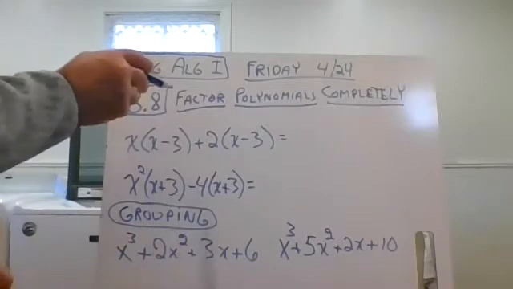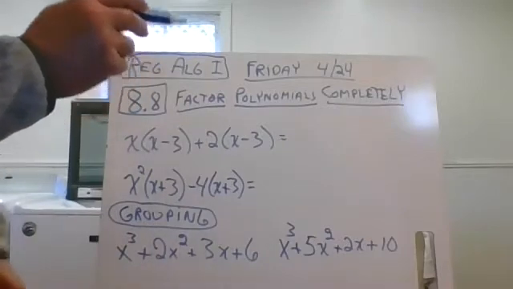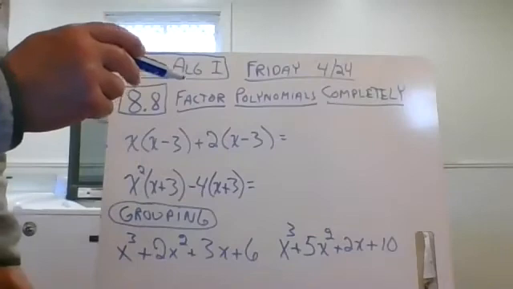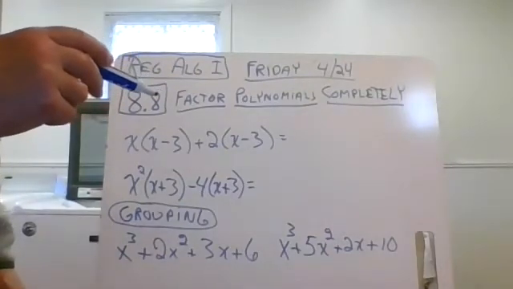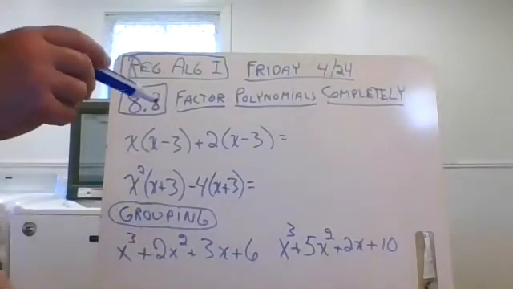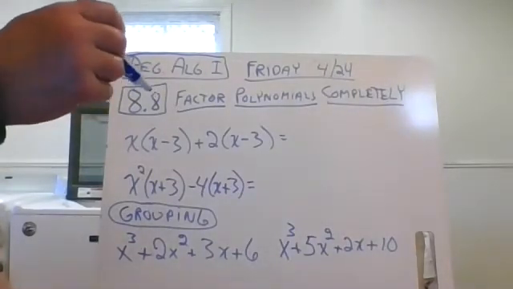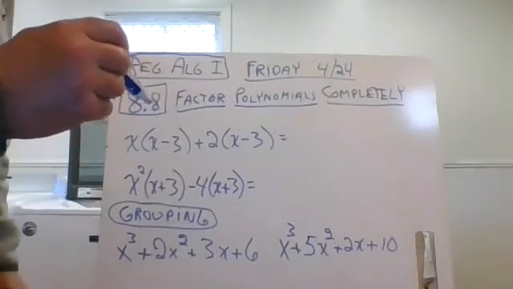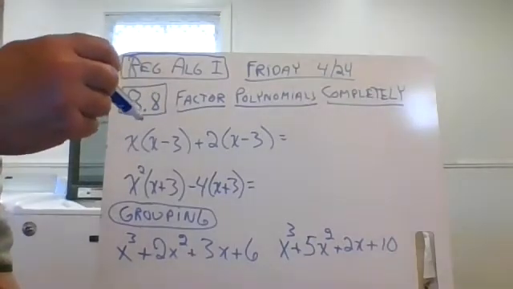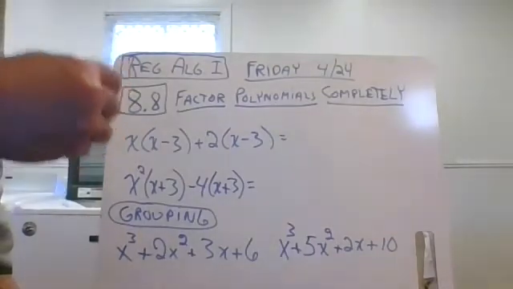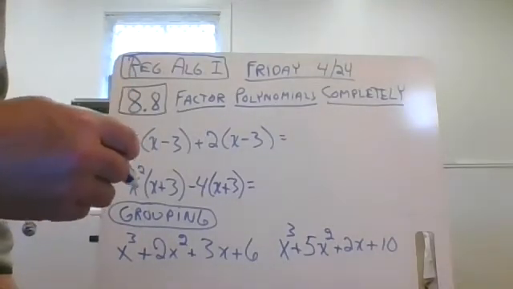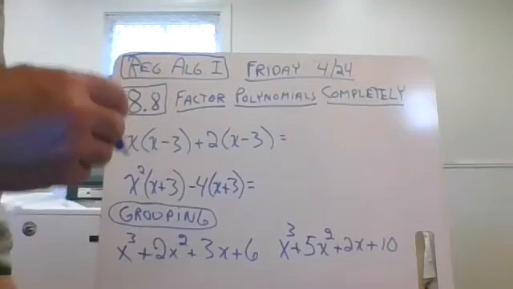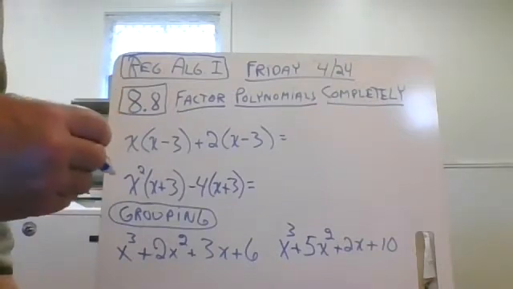8.8, factor polynomials completely. And we talked about that Wednesday. When you factor something completely, you're doing it so nothing else can be factored. So you've got to look at your answer and make sure it's factored completely, that all the factors cannot be factored anymore.